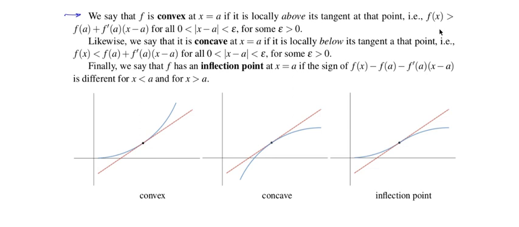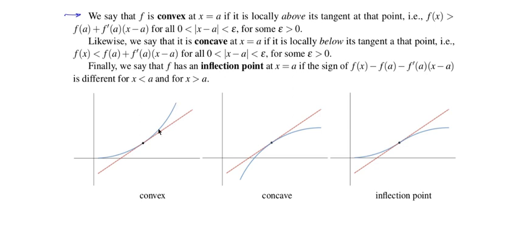And algebraically this means that f(x) is greater than f(a) plus f'(a) times (x minus a) for all those values that are close to a, between a minus epsilon and a plus epsilon for some epsilon. Okay, so that's what this means, right?